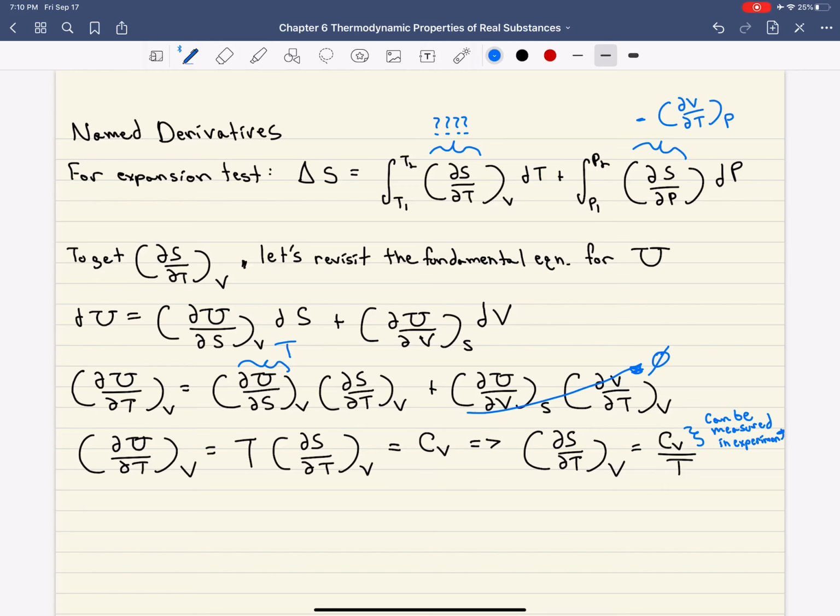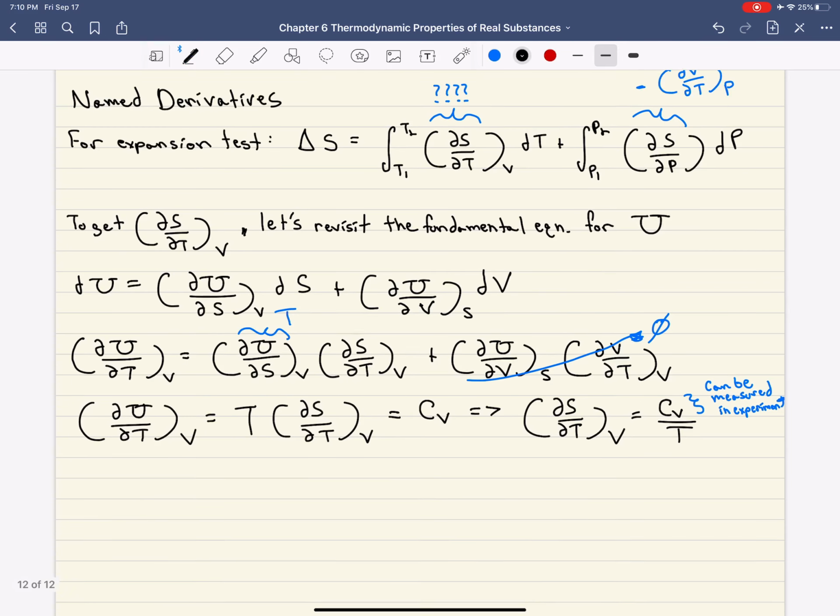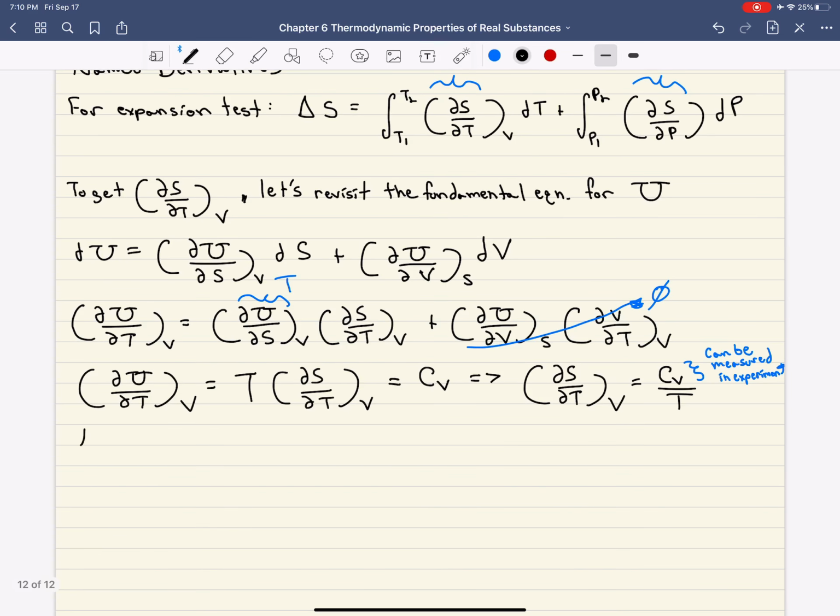And so what this tells us is that our delta S for that expanding gas, we can now rewrite it like this, minus the term at constant P dP.